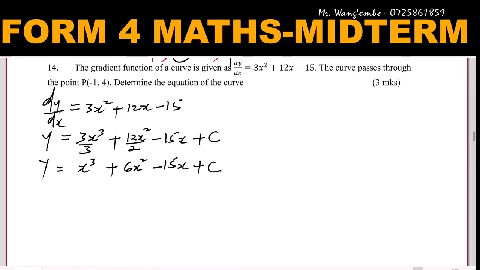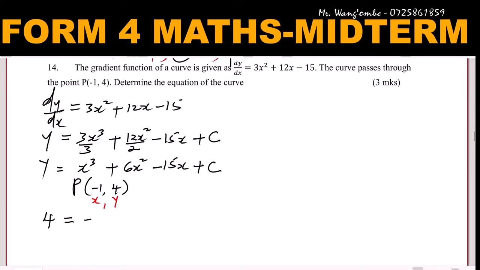Now what we need to get is the constant of integration, and this point that you're given here, P, negative 1, 4, is what is going to help us. So we simply substitute x as negative 1 and y as 4 in this function here. So y, which is 4, substituting negative 1 and 4 in that equation.